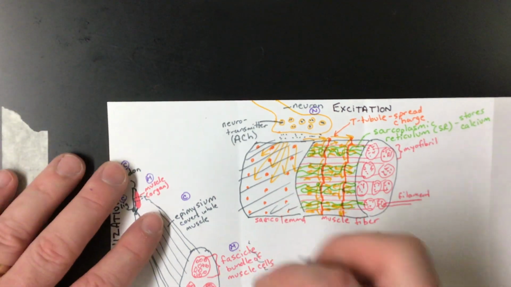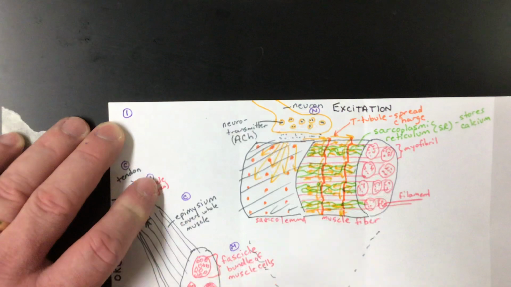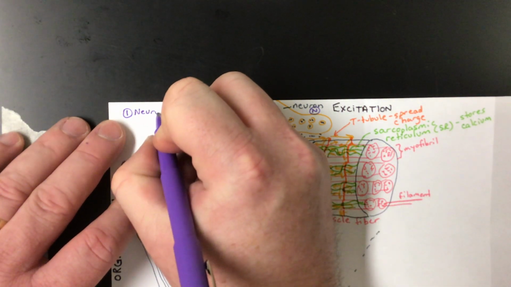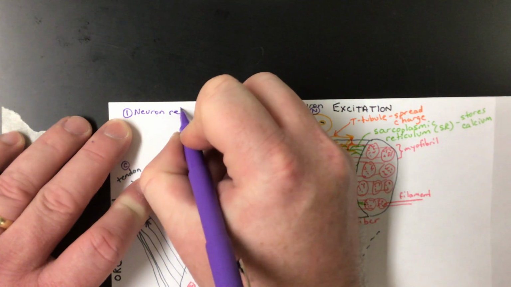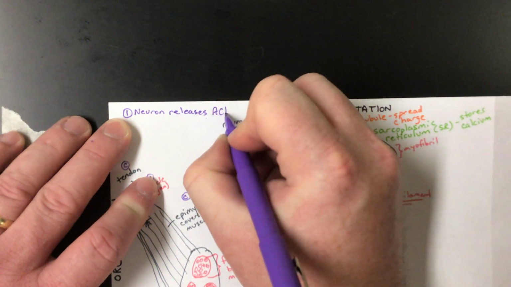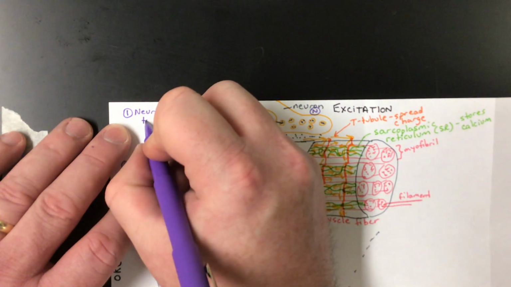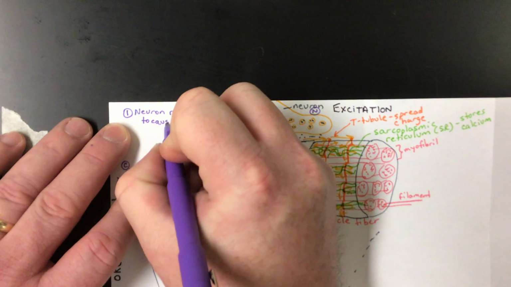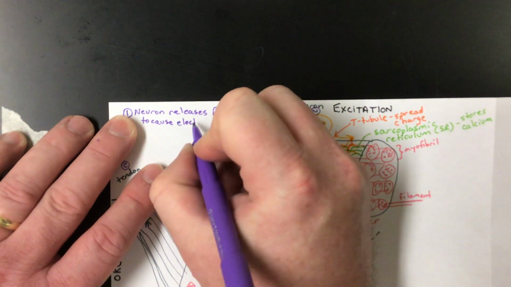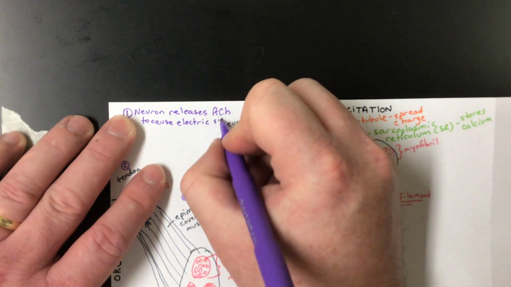So the first thing in excitation that's going to happen is that the neuron is going to get a signal, and then the neuron is going to release acetylcholine. So the neuron releases acetylcholine to cause an electrical signal.